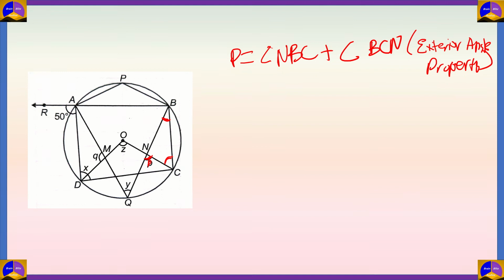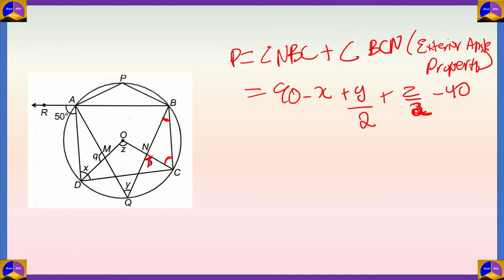Now if we replace the values, NBC is the same as QBC, and we found that QBC is equal to 90 minus X plus Y divided by 2, and BCN, we found, is Z divided by 2 minus 40.